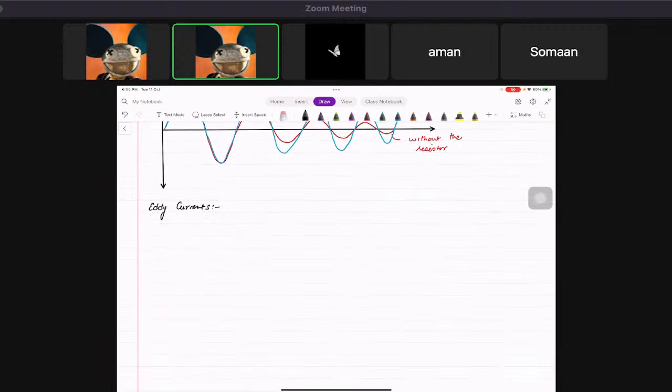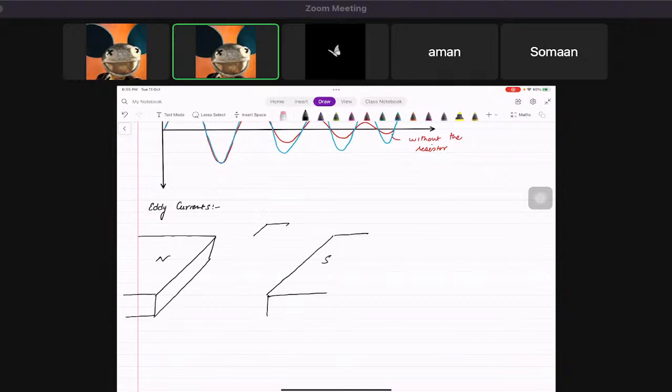Now, suppose in an experiment, just to show what we're actually doing, there was a magnetic field in the surroundings, although we don't want it, but there is one. So there is a north here, and there is a south here. And we have a conductor.